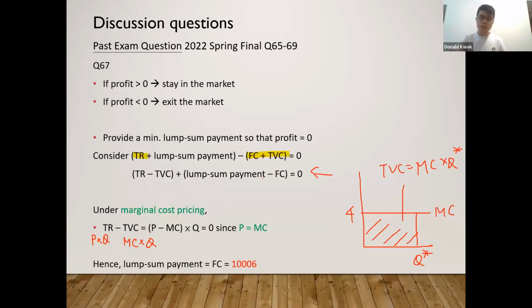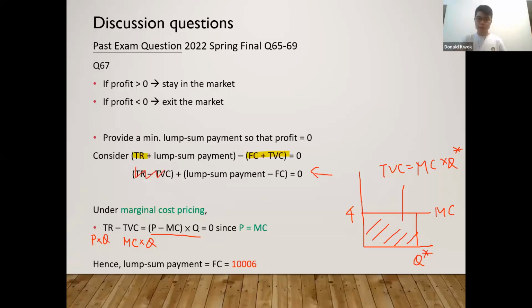If you factorize this expression a bit, then you will have P minus MC times Q. Since the government forces the monopoly to charge at its marginal cost, we have price equals marginal cost under marginal cost pricing. Then this expression, total revenue minus total variable cost, is simply 0.